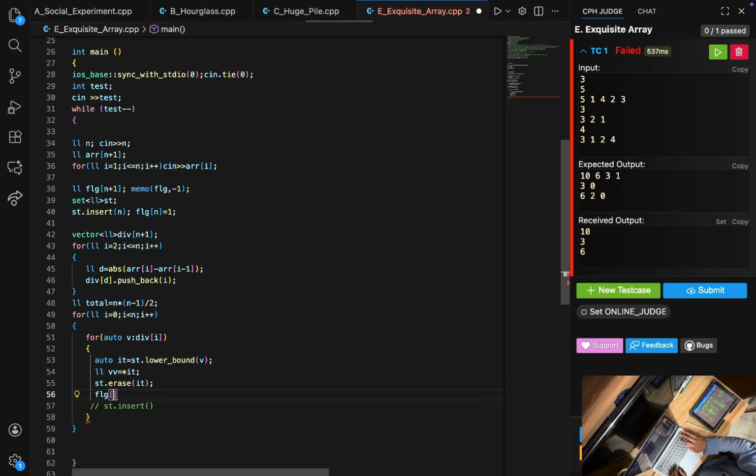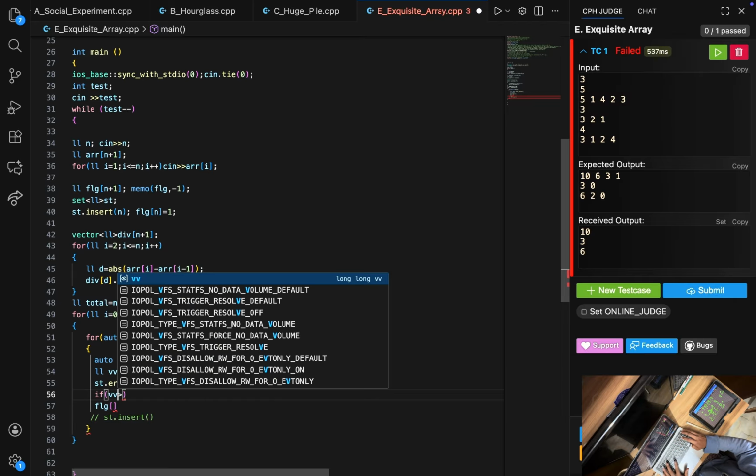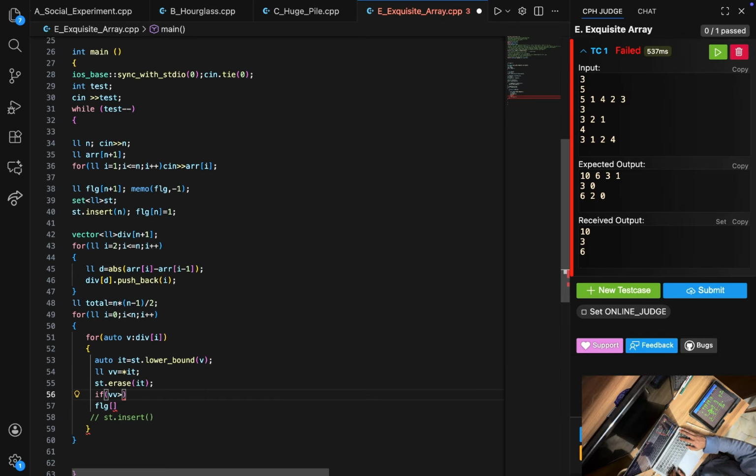Flag, if v greater than or equal to vv, greater than 1, then flag vv minus 1 equals flag vv.